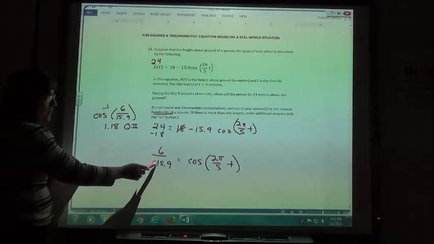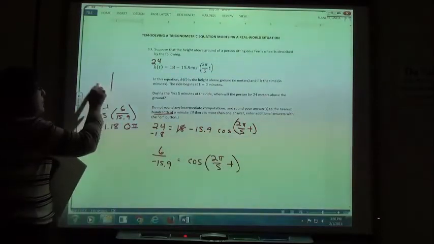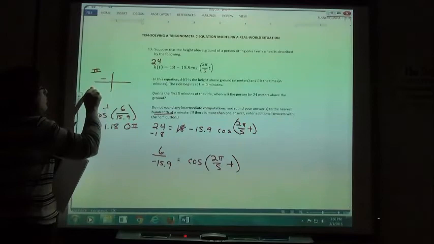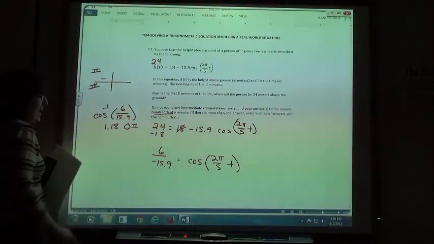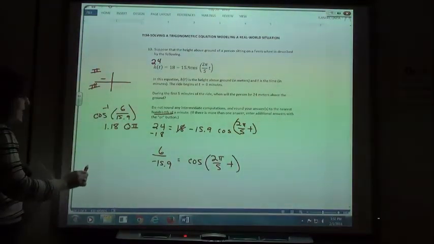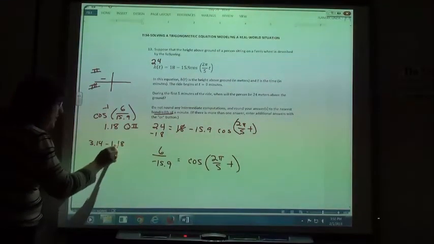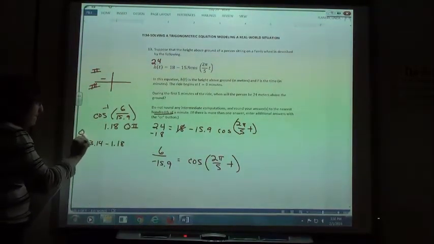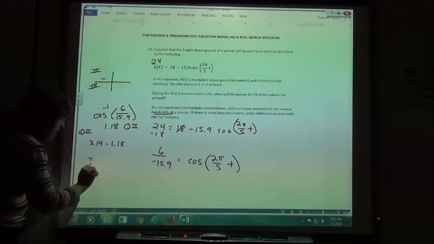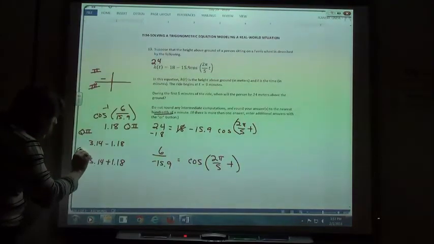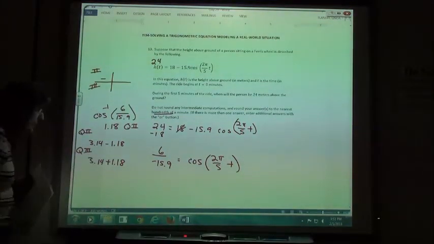I know that cosine is negative when the x value goes backwards, so I need to be in quadrant 2 or in quadrant 3. So I really need to take 3.14 minus 1.18 to be in quadrant 2, and 3.14 plus 1.18 to be in quadrant 3.